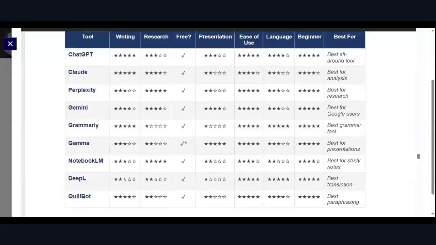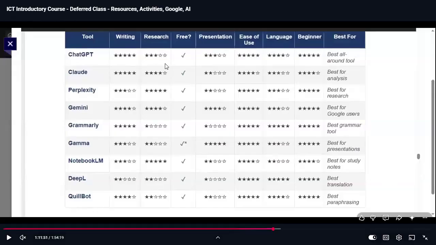That's why it's all-around, because it's an information-giving platform. It's the best for beginners. It's free. Okay, it's not the best for research.